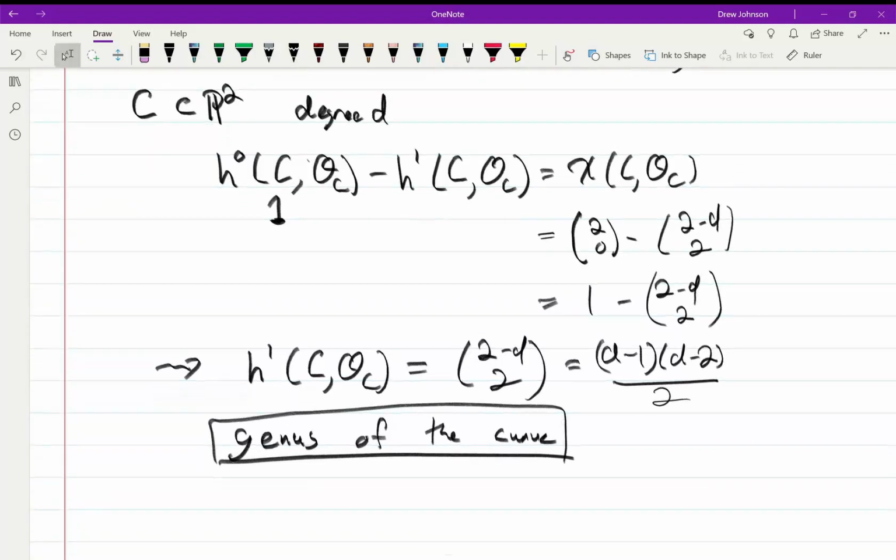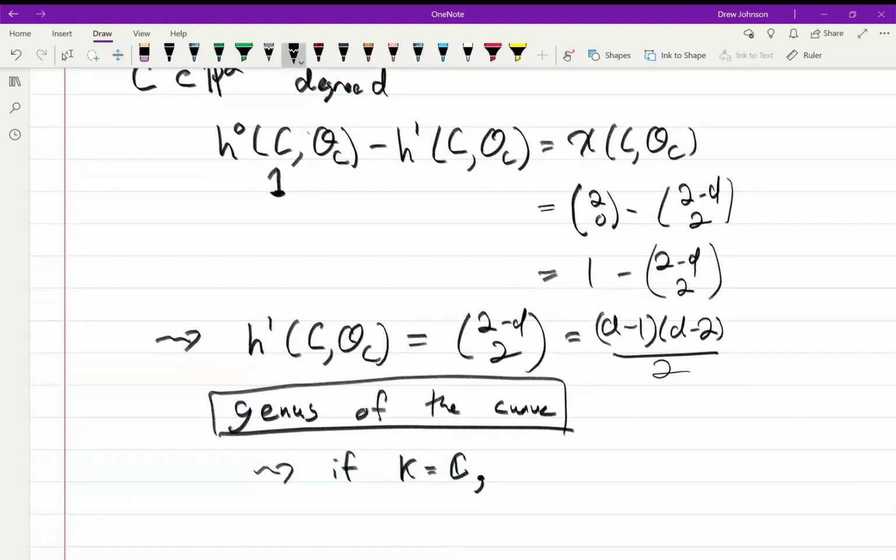It also has an important geometric interpretation. So if your field K is equal to the complex numbers and the curve is smooth, then this is also the topological genus.